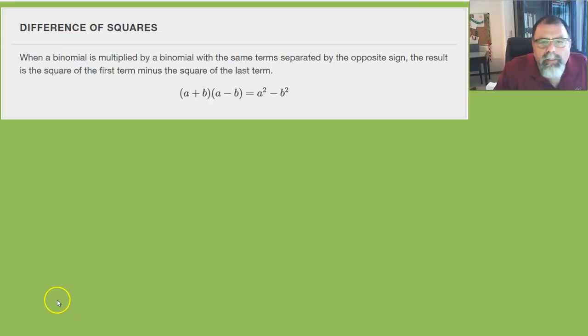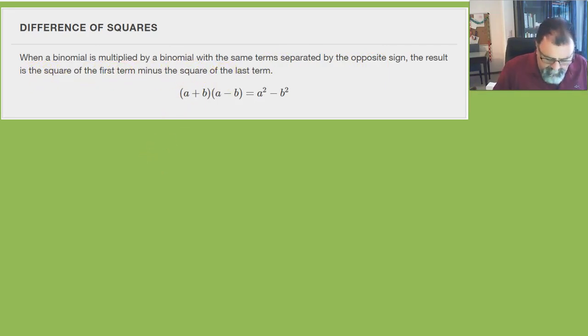Okay, here's another special case for multiplying 2 binomials. This one we call a difference of squares. So if I take a sum and a difference, if I have a binomial multiplied by a binomial with the same terms separated by the opposite sign, the result is the square of the first term minus the square of the last term.